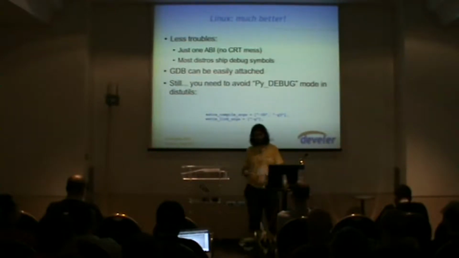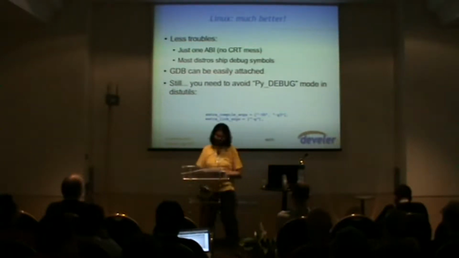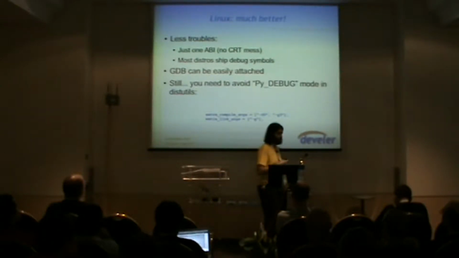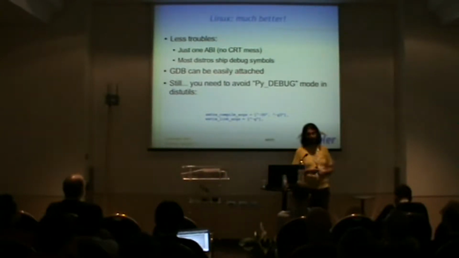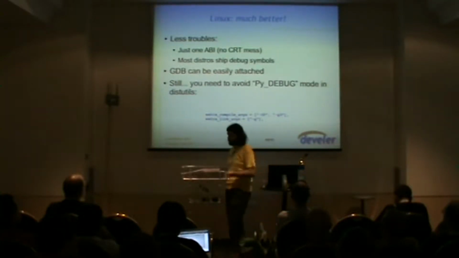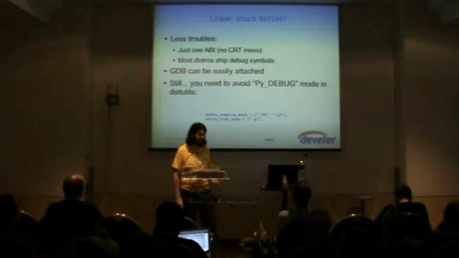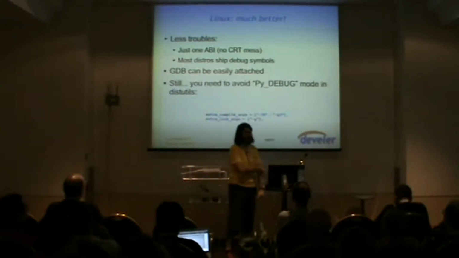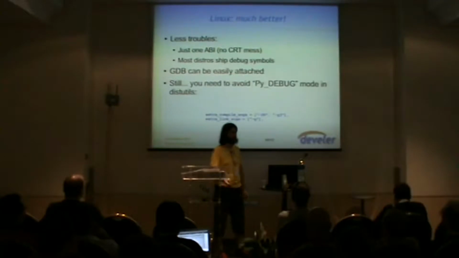On Linux, the situation is much better because there is no ABI CRT mess, and also because most distributions ship debug symbols for third-party libraries. So basically, if you're using the Python Imaging Library, PIL, you just install the PIL debug deb package and you get the debug symbols.